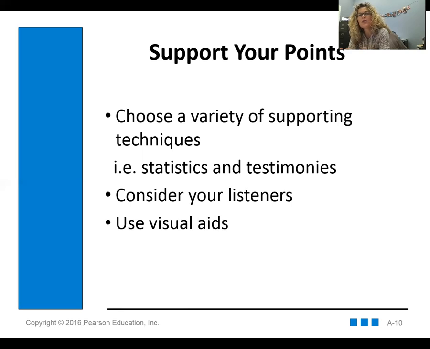Again, consider your listeners. Recognize what they already know. Your audience is essentially the organization, so giving them a ton of background and detail on who they are is probably not necessary. If you do start with a brief background, that's fine, but just make sure it's pretty minimal.